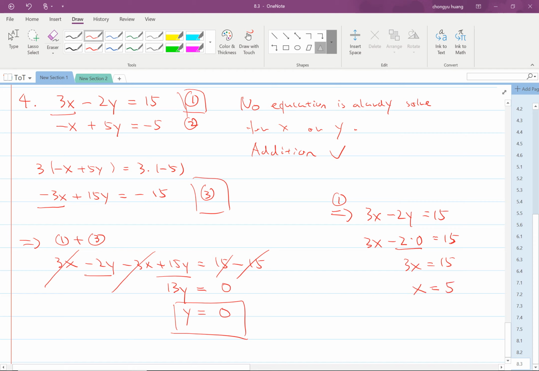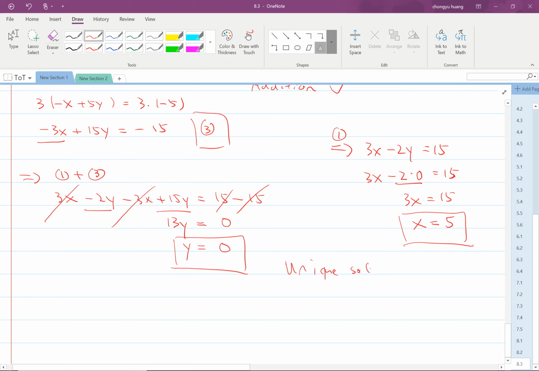As you can see, for this problem we have a unique solution.